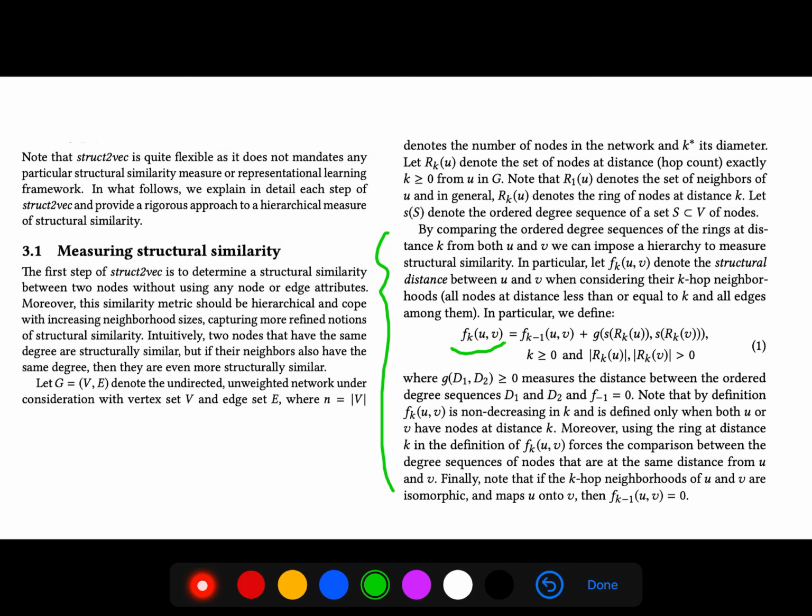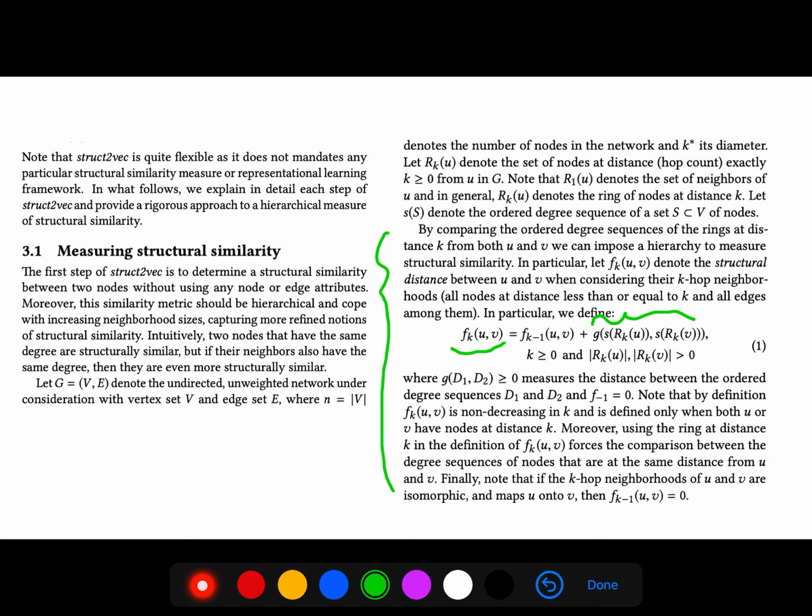And g here is the distance between the ordered degree sequences. So this definition makes f non-decreasing in k. So this is a very good property.